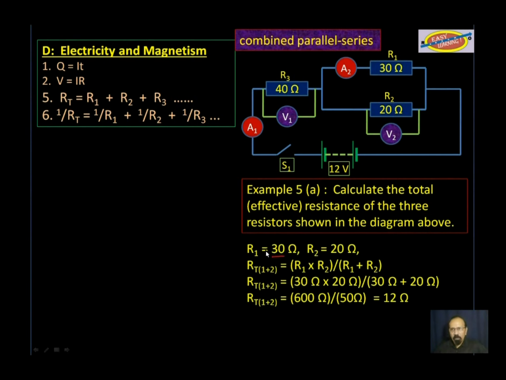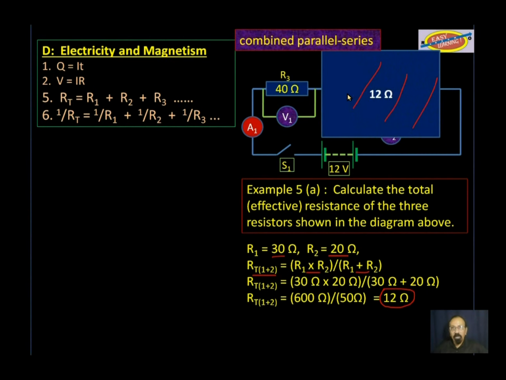So R1 is 30 ohms, R2 is 20 ohms. Remember we have only two resistors here, so we will take their product and divide it by their sum, and we get 12 ohms. That's these two here worked out to 12 ohms.